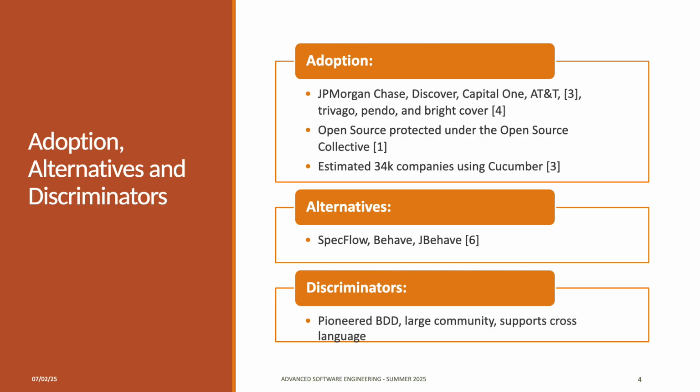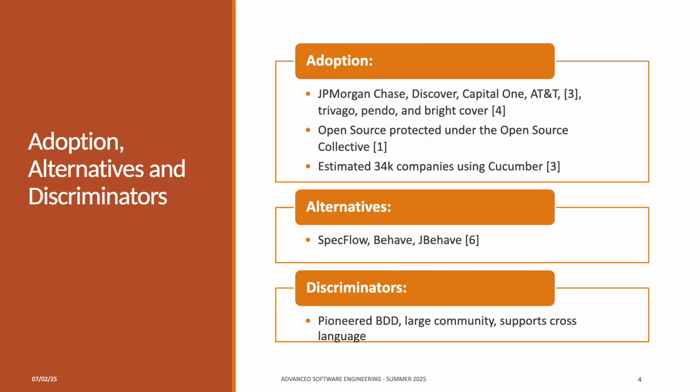What makes Cucumber stand out in terms of automated testing frameworks is that it did pioneer the behavior-driven development style, let's say. So there is a large community and there's a lot of documentation for it. And it does support cross-language across Ruby, Java, and JavaScript mainly.